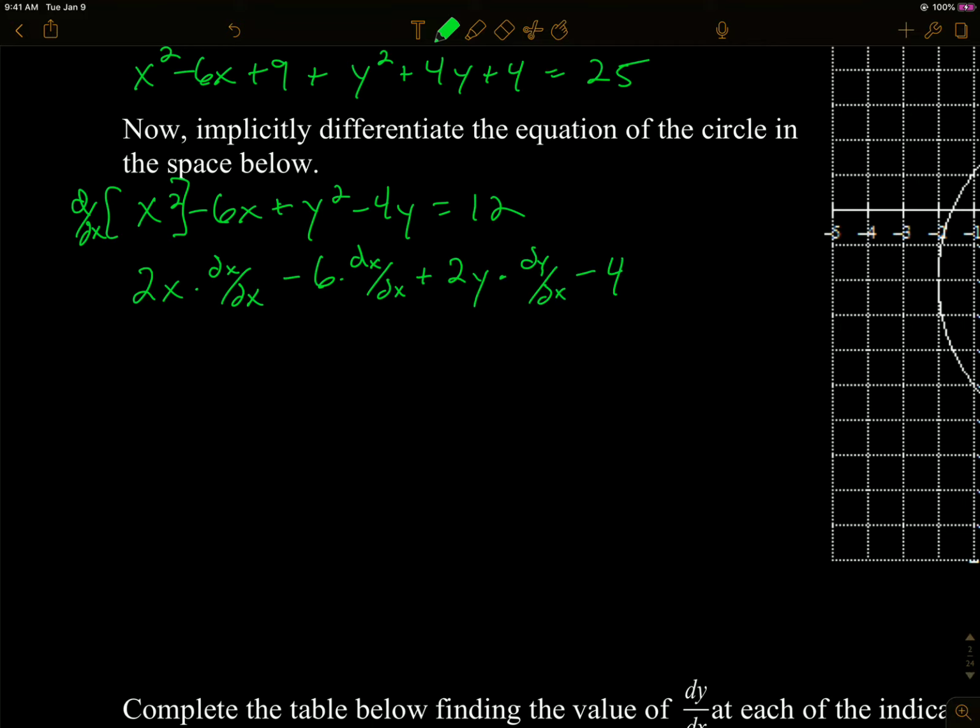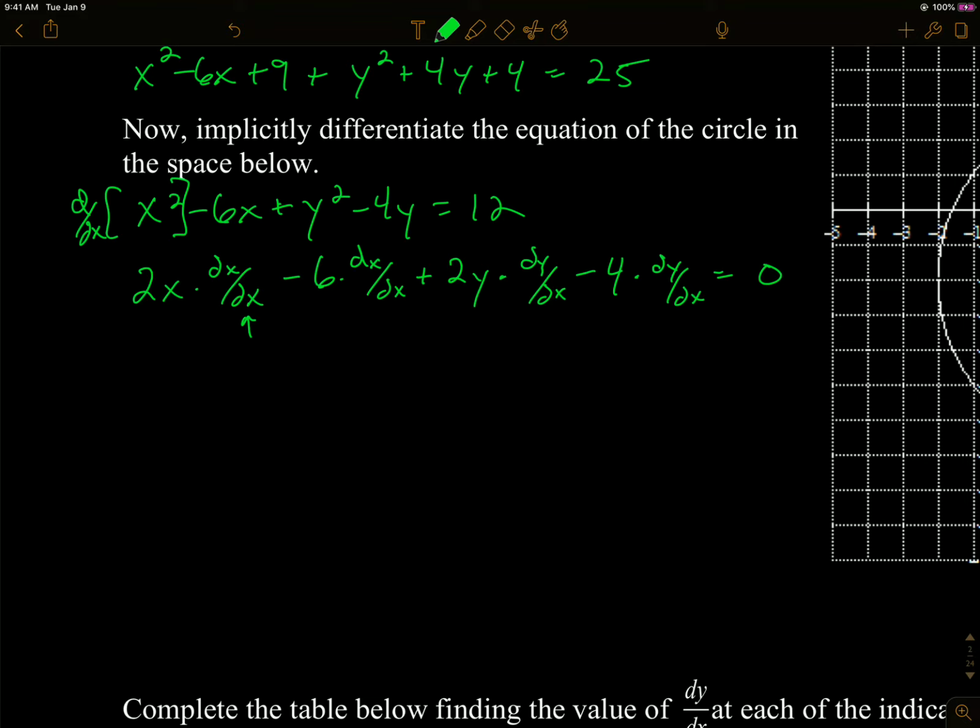Minus 4, the derivative of 4y is 4 times dy/dx, equals 0. This is all because of the chain rule. It's the derivative of the variable, always with respect to x in these. x is our independent variable until I tell you otherwise.